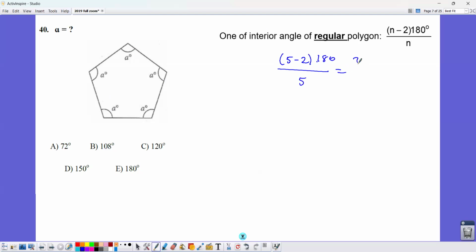So this is 3 times 180 over 5. If you will divide 180 to 5, you will see that it is 36. So I have 3 times 36, which will be 108, the result, which is B. Always, one interior angle of a regular pentagon is 108 degrees.